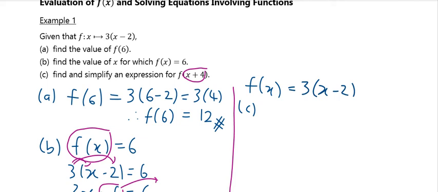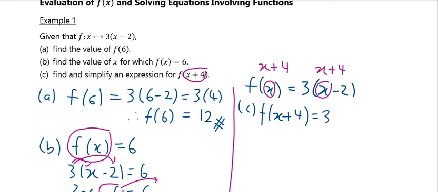When x becomes x plus 4, f(x plus 4) will be equal to 3(x plus 4 minus 2).